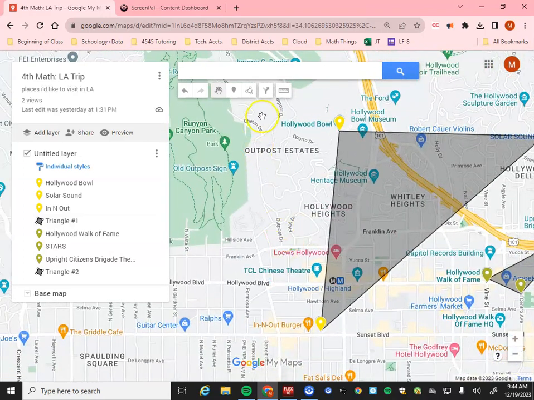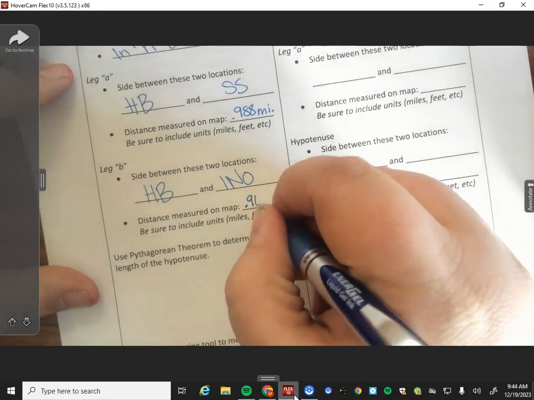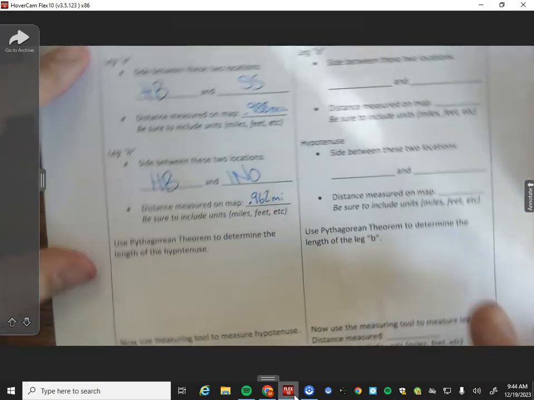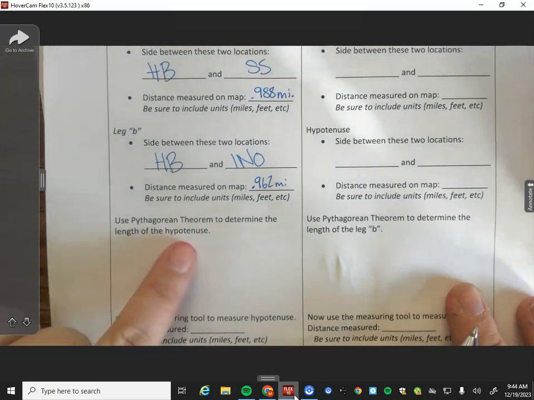There we go. Okay, here's my ruler icon. Now I'm measuring from the Hollywood Bowl to In and Out. 0.962 miles.